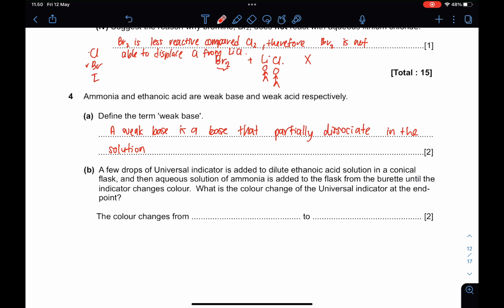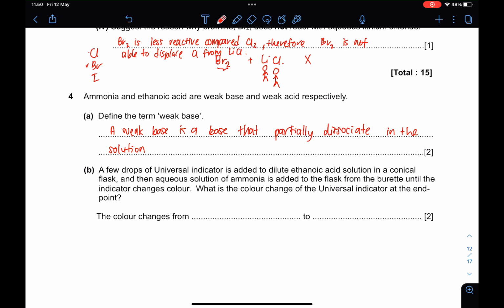Now, a few drops of universal indicator is added to dilute ethanoic acid solution in a conical flask. Basically the universal indicator will be red in color, and then aqueous ammonia is added from the burette until the indicator changes color.